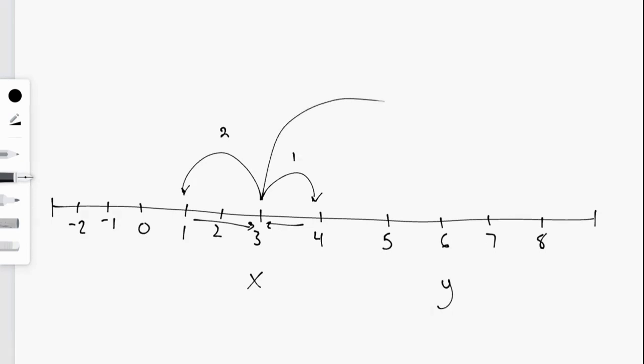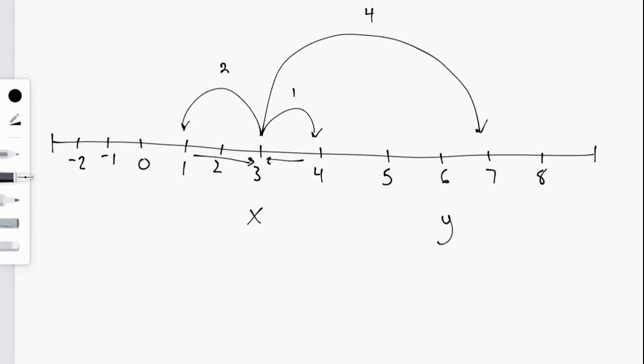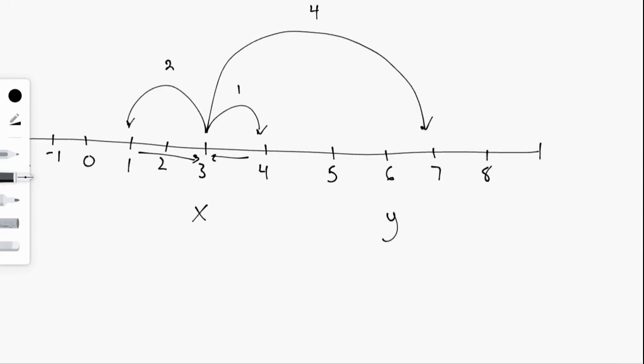Now, he'll go to 7 because he moves 3, then he moves 4. Now we can see that Farmer John's position at 7 is greater than Bessie's position, that means as he was walking from 3 to 7, he must have encountered Bessie. That is what we need to find.